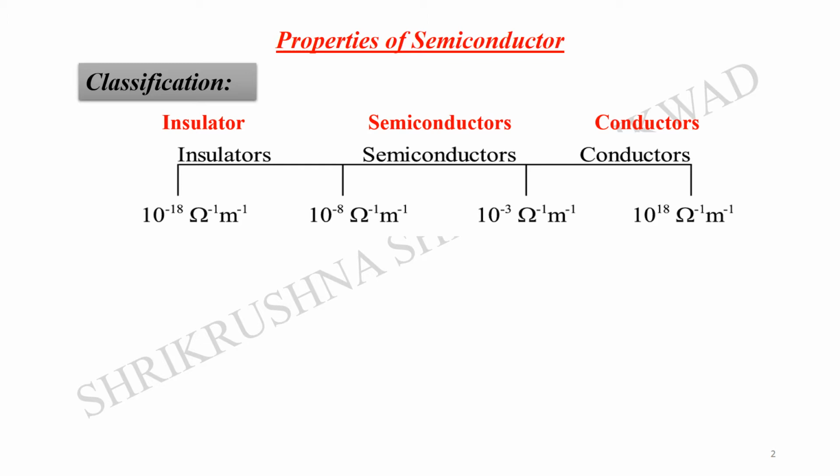Yes, anyone? Classification of the materials on the basis of another physical quantity. One of these is the resistivity or the conductivity. Band gap, yeah, exactly right. So what is meant by the band gap?